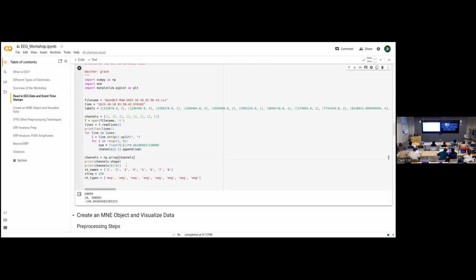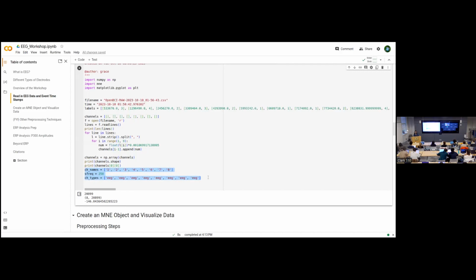Here we're printing the shape of the channels data structure and also the value inside the first cell, just checking that we read in the data correctly. These three lines for channel names, sampling frequency and channel types just help MNE understand what we're doing.